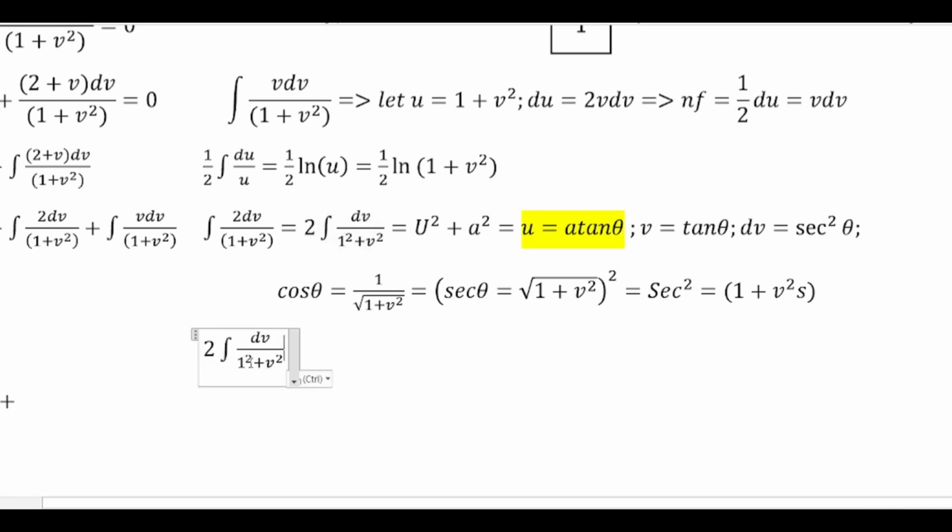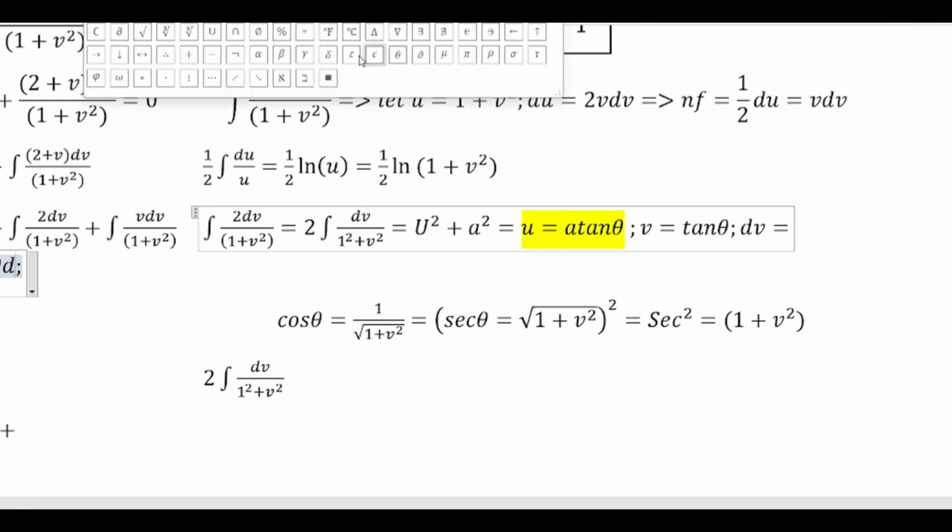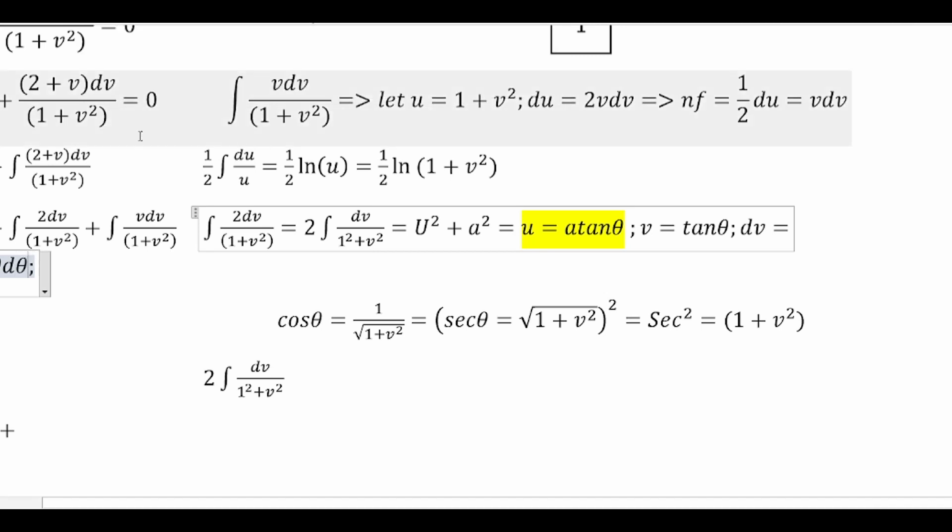Okay, but this one, since we have 1 squared plus b squared, which is equal to sec squared theta, and dv of sec squared theta d theta. Then we're just gonna write, oops, I forgot here, d theta. Right.